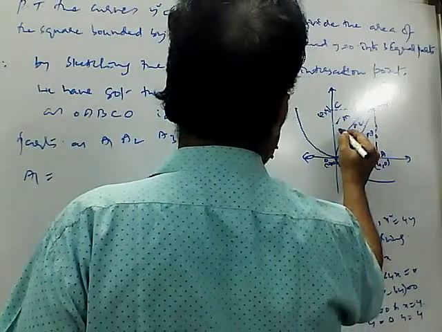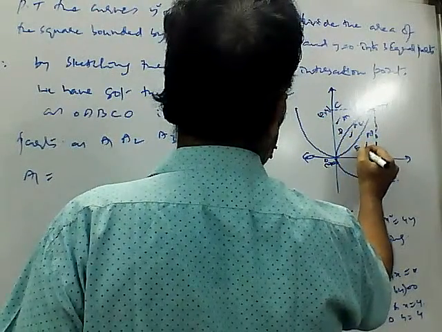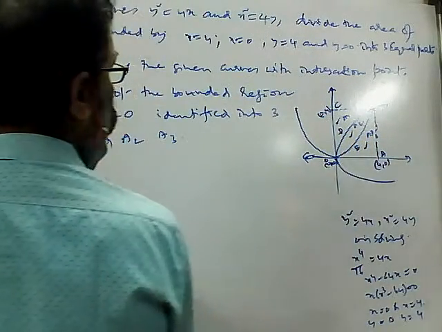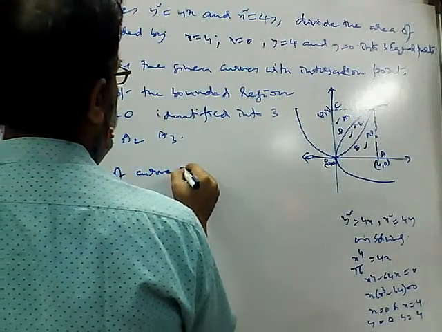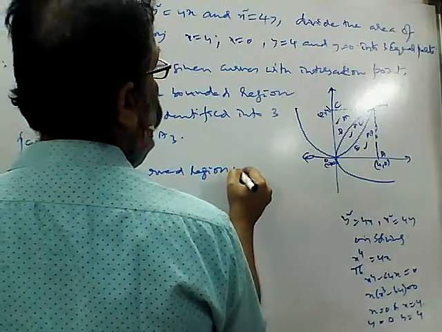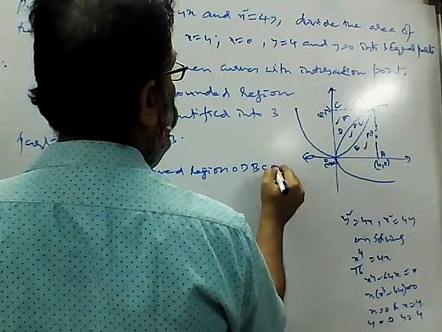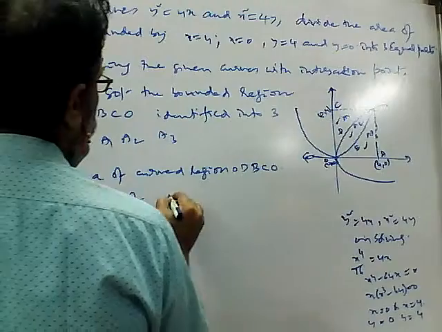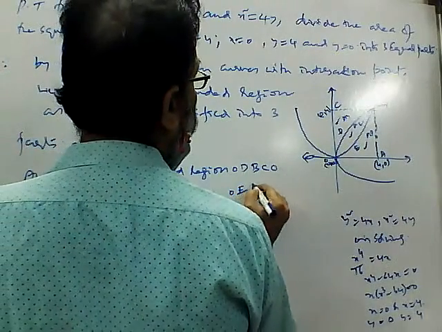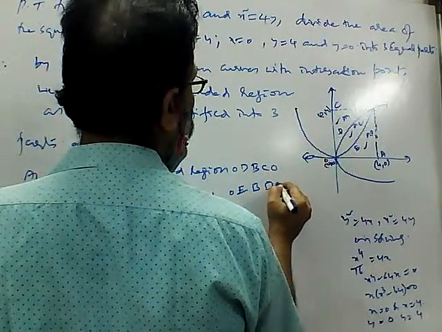Something named as D and here E. Okay, A1 is equal to the area of curved region ODBCO. A2 is equal to the area of curved region OEBDO.